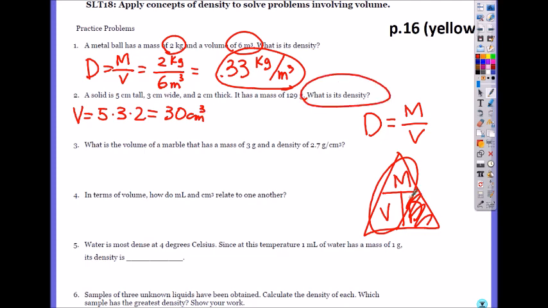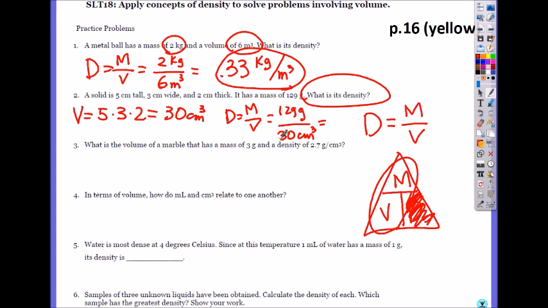And again, they're asking for density. When you cover your D, you get M over V. Density equals M over V, which is mass, 129 grams per 30 centimeters cubed. So what is your final answer? What's 129 divided by 30?